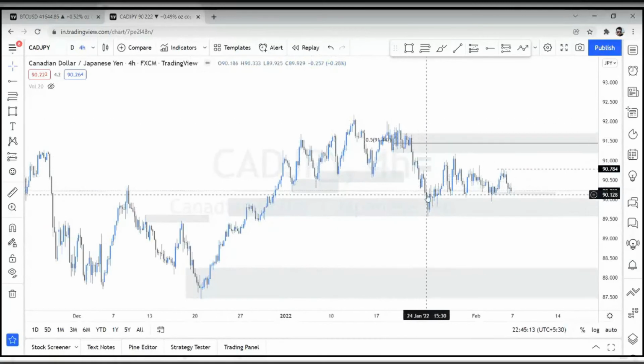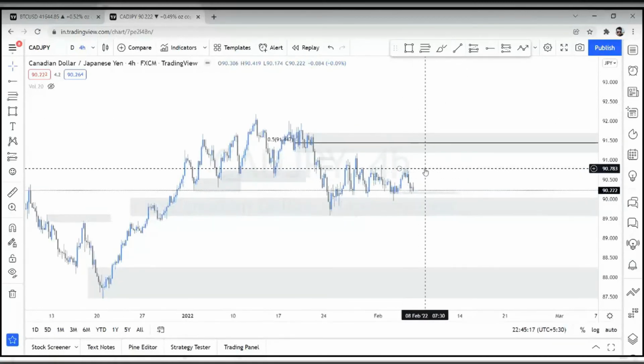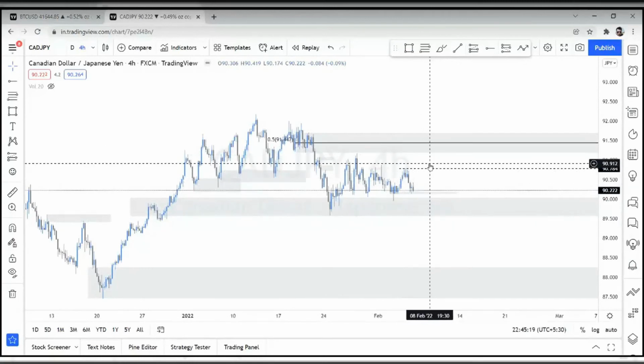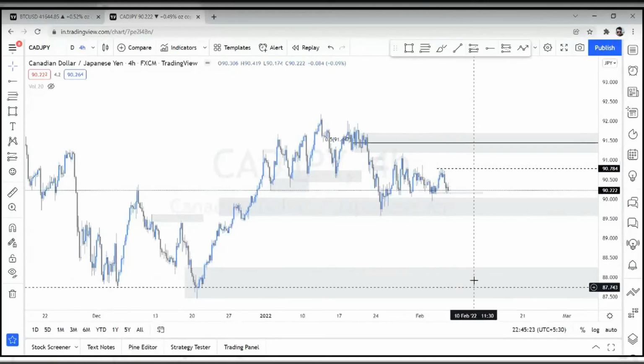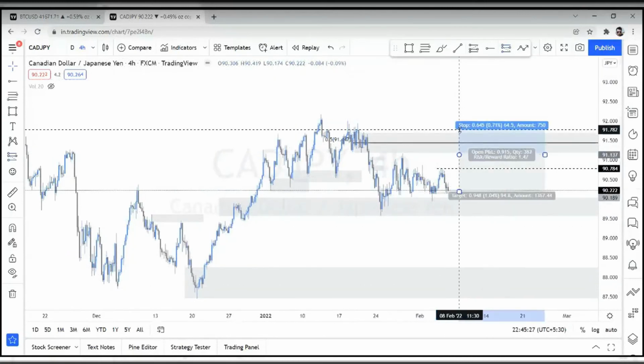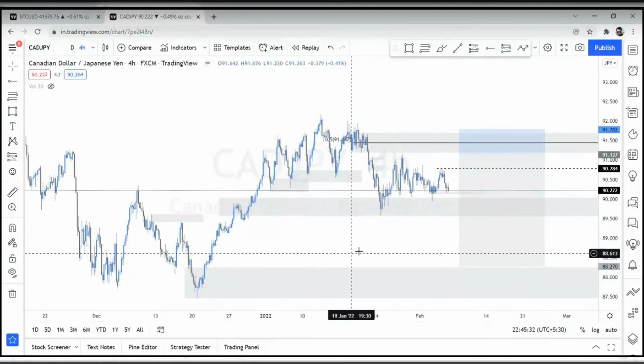So it does not matter where this move comes up, we will be looking for a sale in this zone, this is the area, this is the target. We will be looking for a sale on this particular CAD JPY. If this comes up, we'll be looking for a sale.